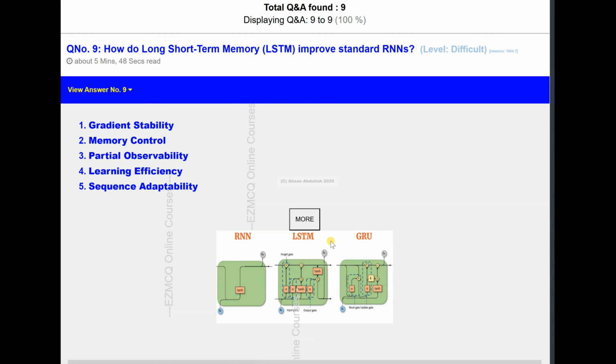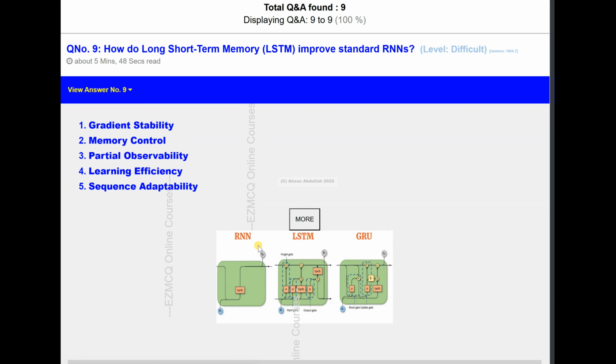Now, through memory control gates, they selectively retain or discard past information. What it does is improve focus on the relevant features only, because things which are not relevant are discarded.